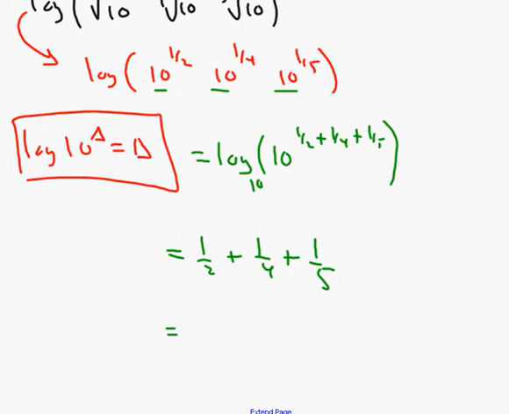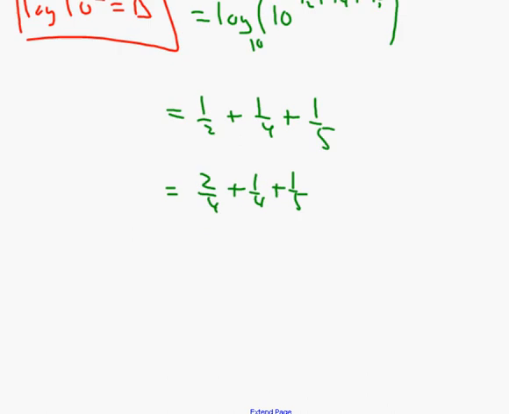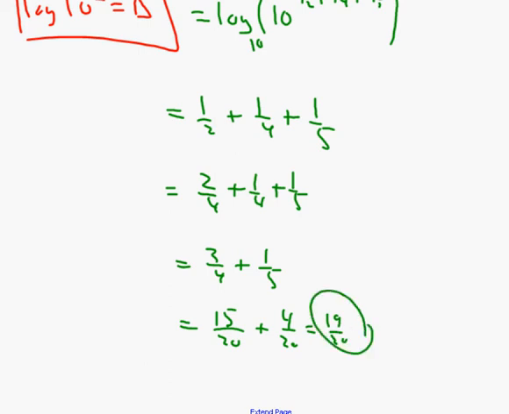Well, I'm going to think of this as 2/4 plus 1/4 plus 1/5. So that's going to be 3/4 plus 1/5. Common denominator would be 20 now. So this is going to be 15 over 20 plus 4 over 20, or 19 over 20. And there you go.